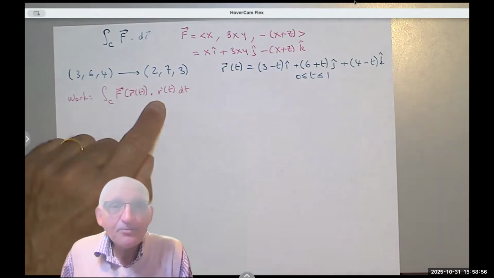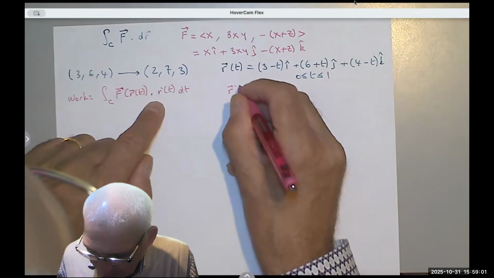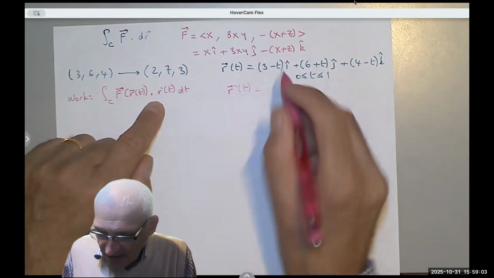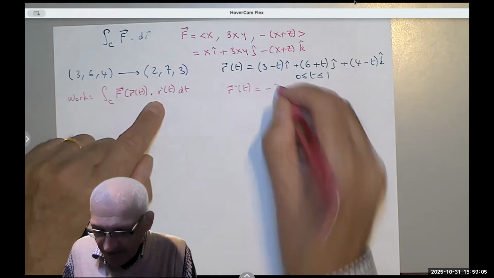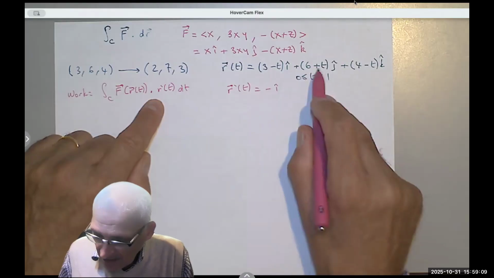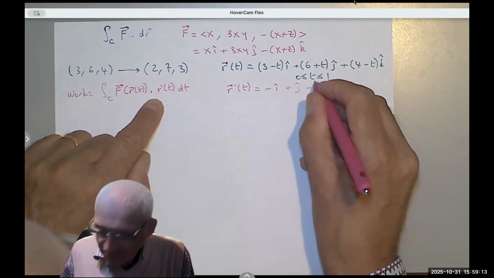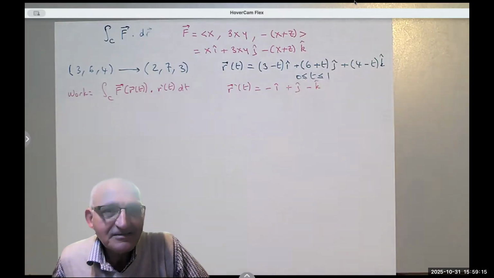So let's find r prime of t. That's so easy, right? R prime of t would be negative i, because when you take the derivative with respect to t, you get negative 1, plus j minus k. It's as simple as that.